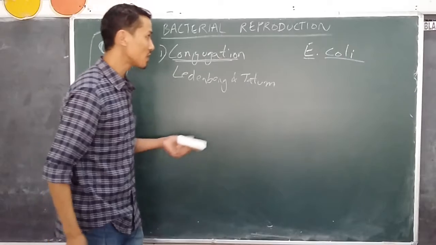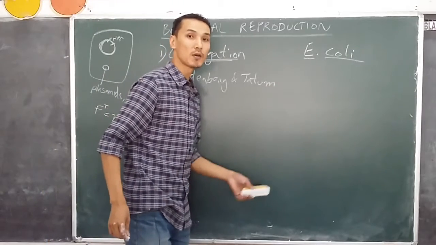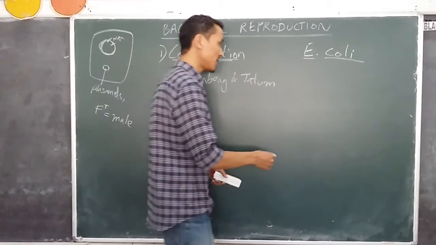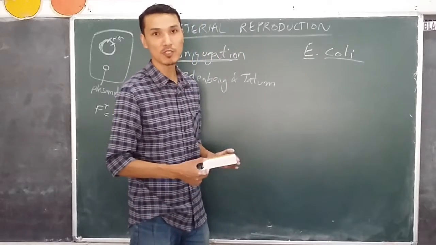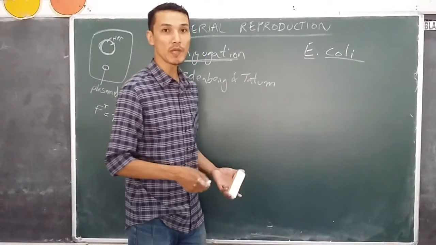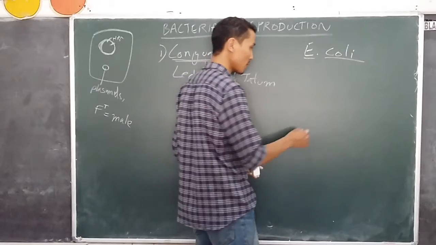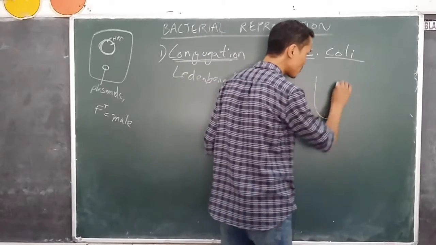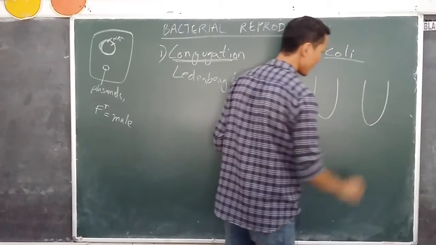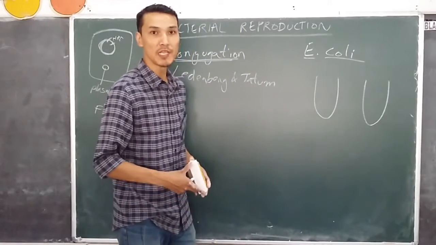They observed this in a bacteria called Escherichia coli. These bacteria have the ability to synthesize their own growth materials which are necessary for their growth. So let's say two strains of E. coli are capable of growing in different mediums.